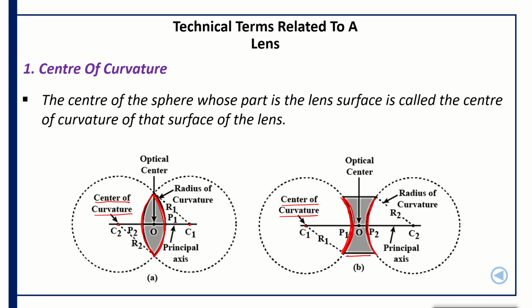So we are taking lenses as the part of some sphere. This is the first technical term, which is center of curvature. Clear?